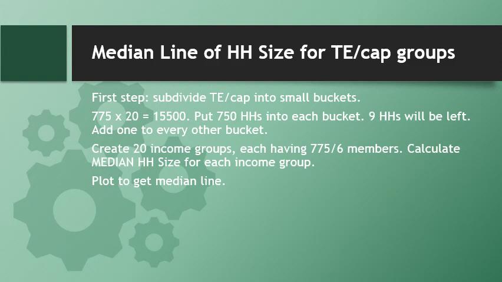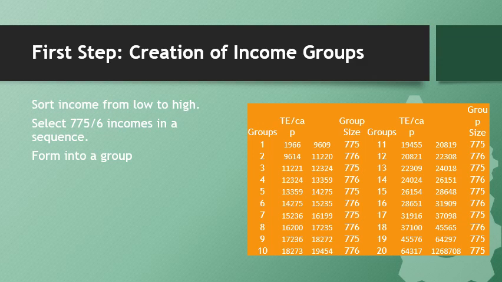Then I create 20 income groups, each according to the 775 members. And then I calculate the median household size for each of these income groups, and then I plot to get the median line.